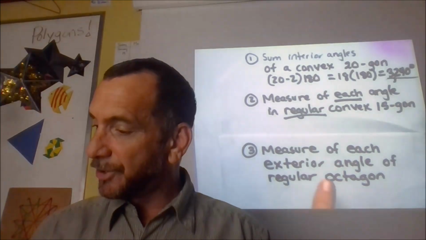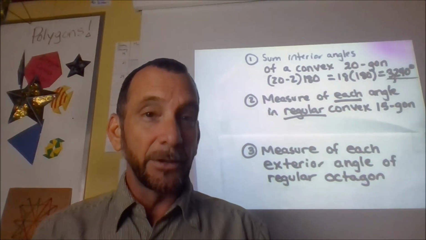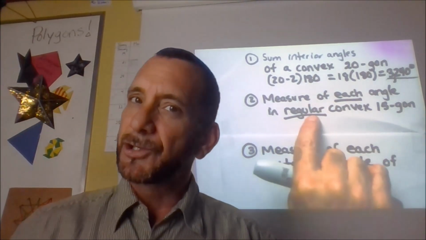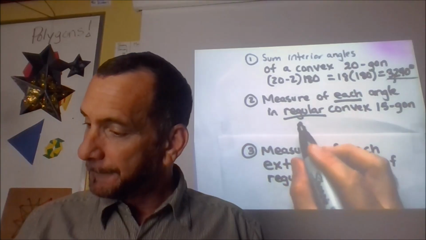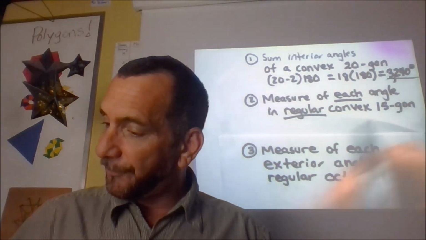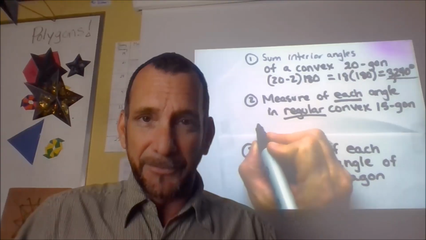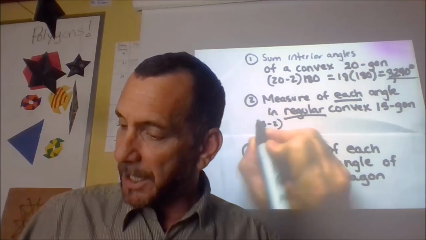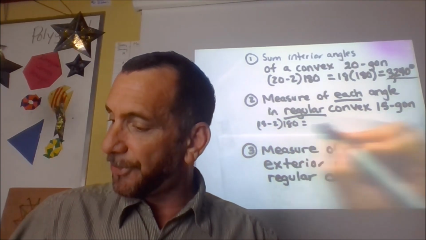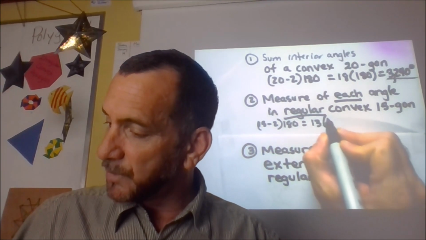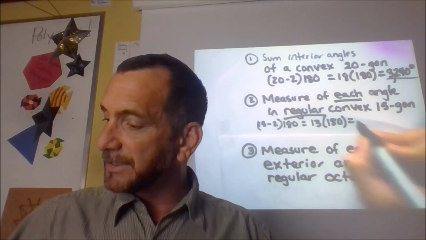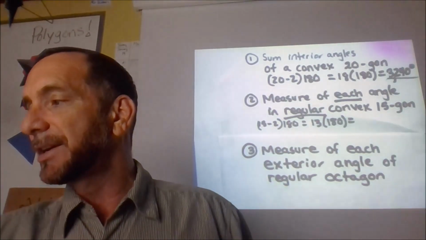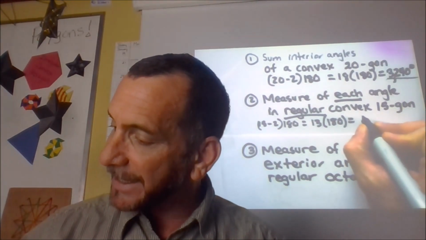Now let's do the measure of each angle in a regular convex 15-sided polygon. It is a regular polygon. Okay, so I'm going to do the sum of the angles, which is 15 minus 2 times 180, and that's 13 times 180. You can just keep punching it in your calculator, but I just want to show you the total angles.